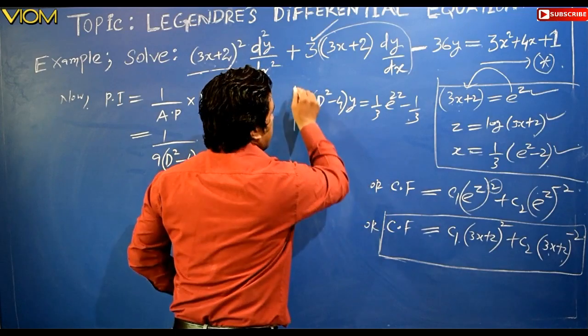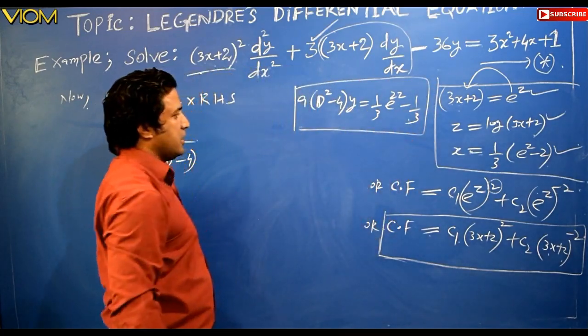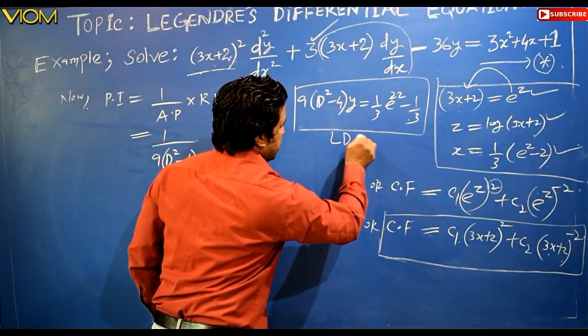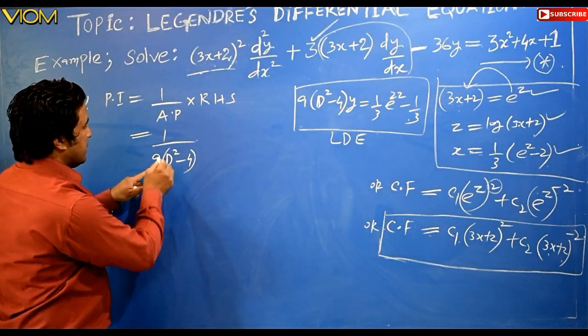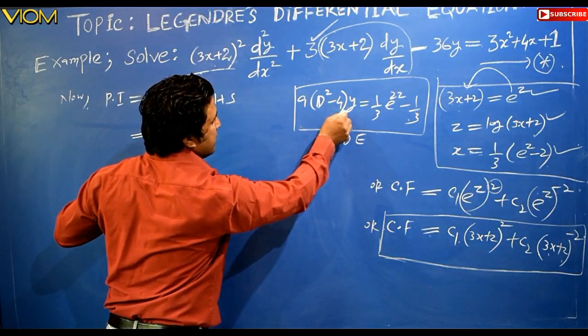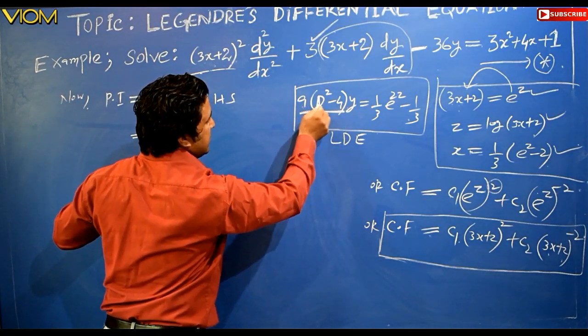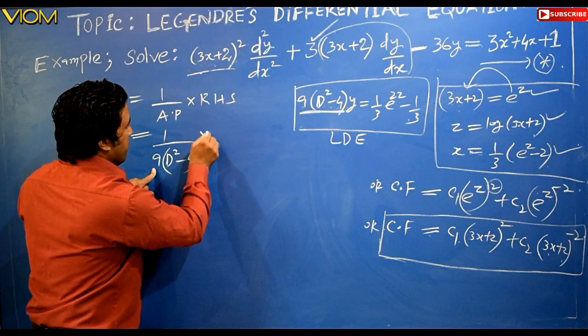This was our required differential equation, which was a linear differential equation, LDE, with constant coefficients: 9 times (D² − 4)y = (1/3)e^(2z) − 1/3. I use this: 1 divided by the auxiliary polynomial, 9(D² − 4), multiplied by the right hand side.